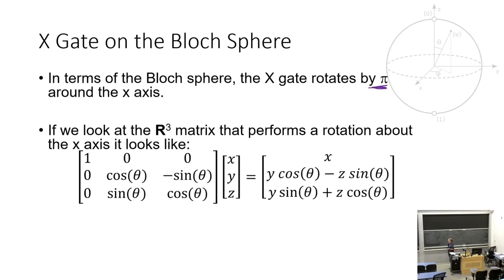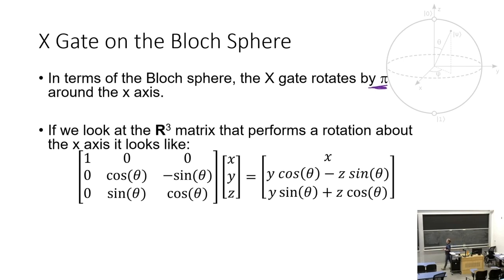If you've ever taken a group theory class with me, you've seen these matrices before. There are classic rotation matrices that we use in chemistry all the time. So they look like this: 1, 0, 0, 0, cosine theta, minus sine theta, 0, sine theta, cosine theta. There's our vector that we're applying it to, and that rotates around the x-axis.